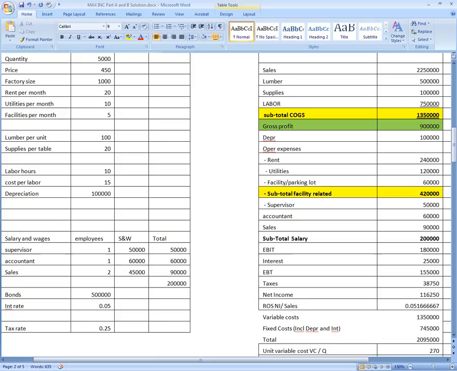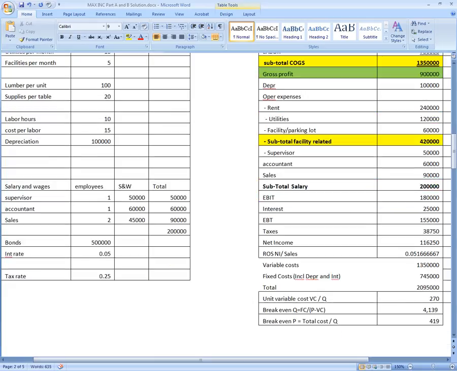Now, in order to break even, we want to look at fixed cost and variable cost. Like I said, the assumption I gave you was that everything except for the cost of goods sold is a fixed cost. So here is your variable cost, which we're pulling from up here, the cost of goods sold, and everything else over here, we add them up. We took all our costs, including our depreciation, our facility related, our salary, and our interest.